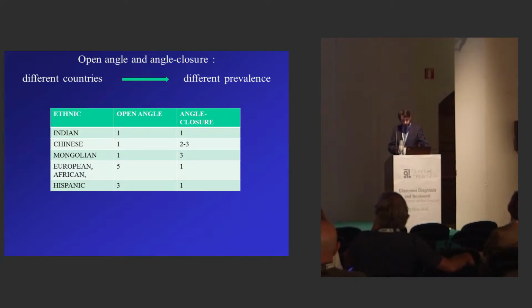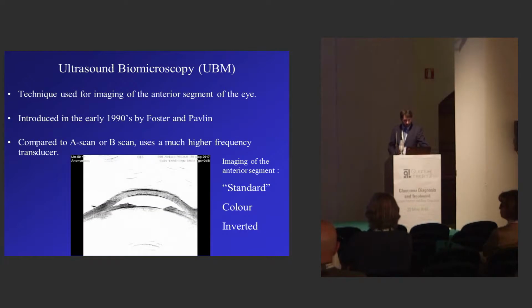So it's useful to have information about the anterior chamber and angle. We can do that with UBM, a technique used for imaging of the anterior segment of the eye, introduced by Pavlin and Foster.